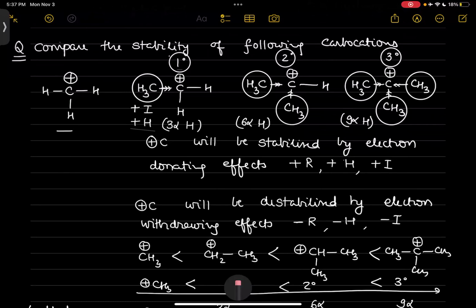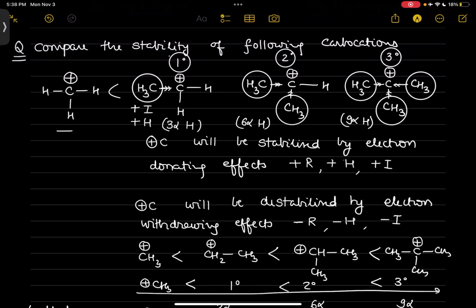So they are going to shift the electrons slightly toward the positive charge, and the positive charge will become more stable. So the primary methyl cation, and then you have the ethyl cation.